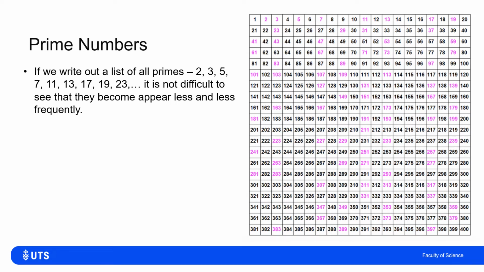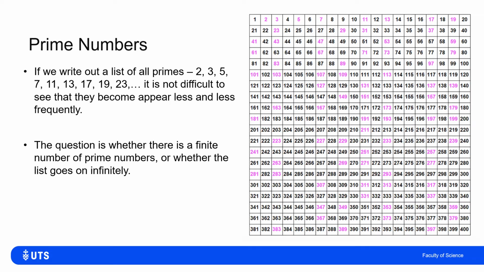The top few rows have many more, and so they're fewer and further between. But it was an open question relatively early in mathematical history. Was there a finite number of primes? Would I run out of primes? Or would they keep going on and there'd be more and more and more bigger and bigger primes?